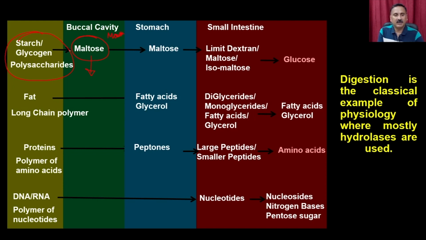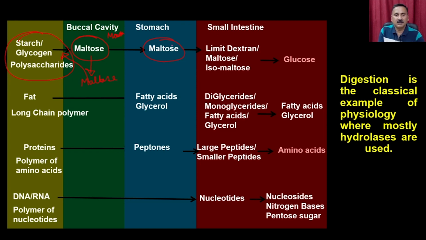this polymeric sugar is going to be converted into maltose, and the hydrolytic enzyme which is going to catalyze this reaction is called maltase.